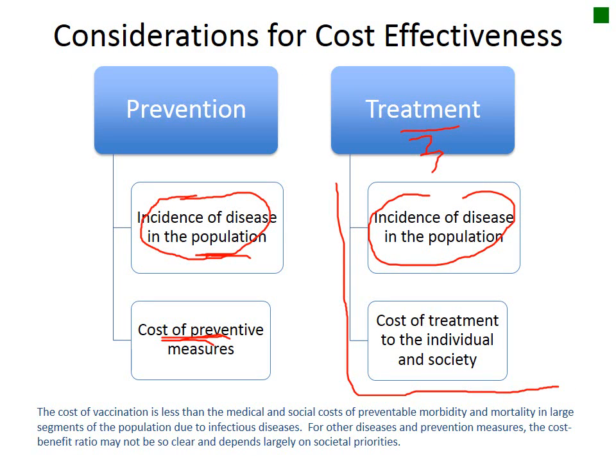So when we think about prevention and treatment, you can associate prevention with, again, primary prevention, and then we can associate treatment with that tertiary prevention stage, that it's going to be a lot more costly.